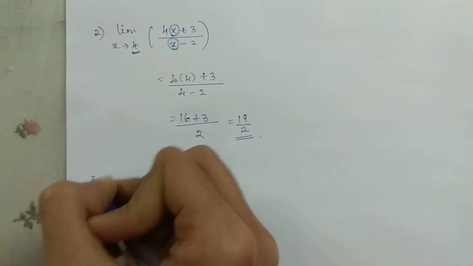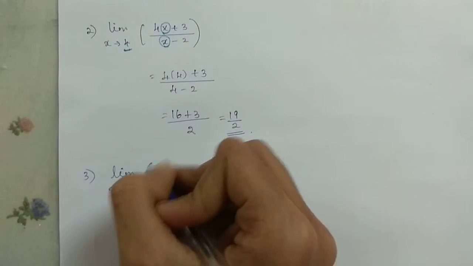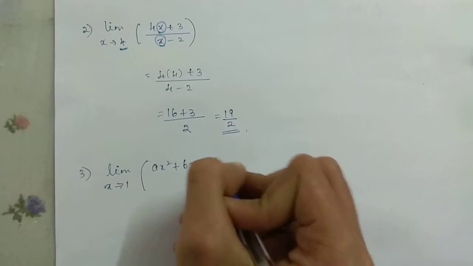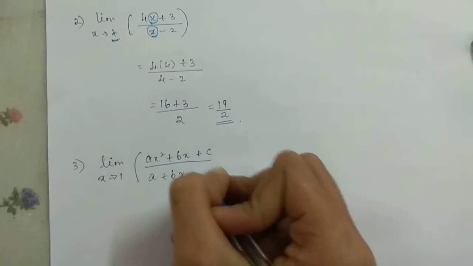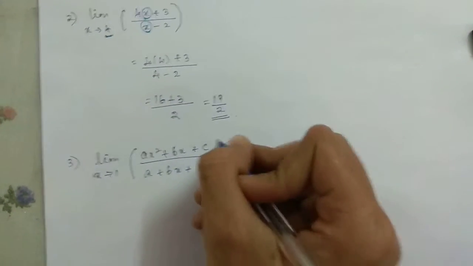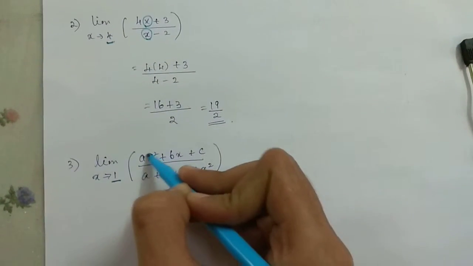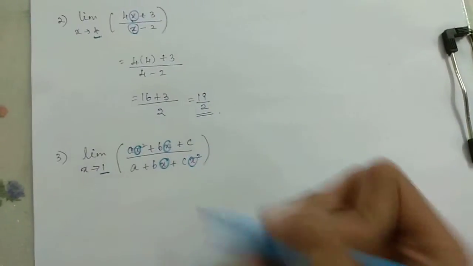Let's take another question. Limit x tending to 1 and the function ax square plus bx plus c divided by a plus bx plus cx square. Over here, x is tending to 1. So wherever you have x in the function, that needs to be substituted with 1.